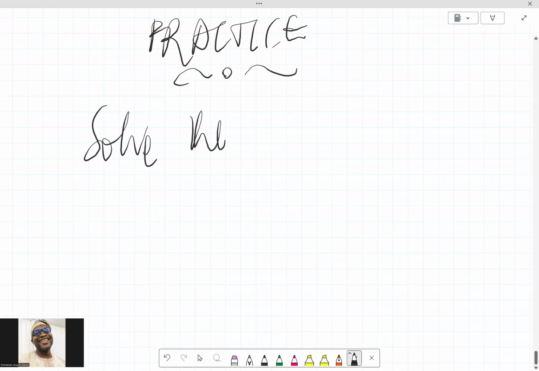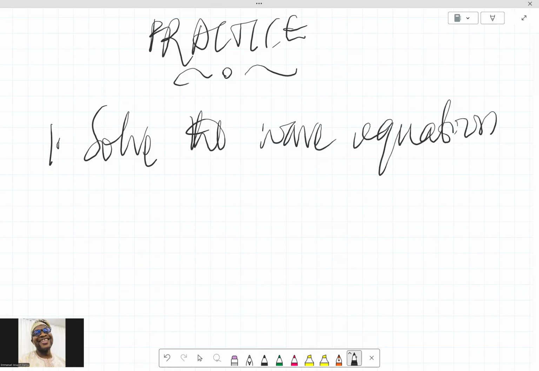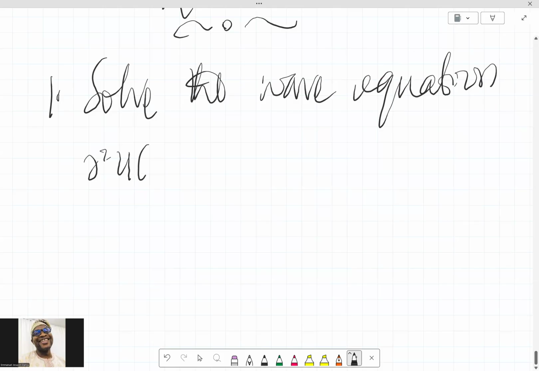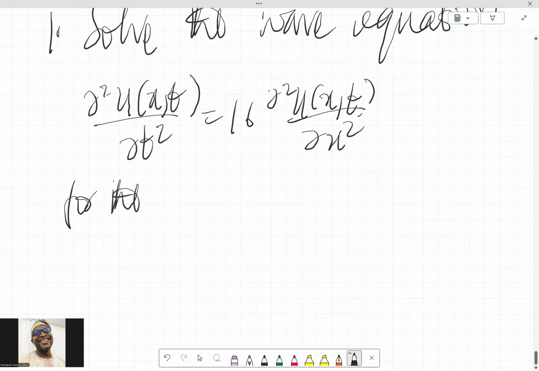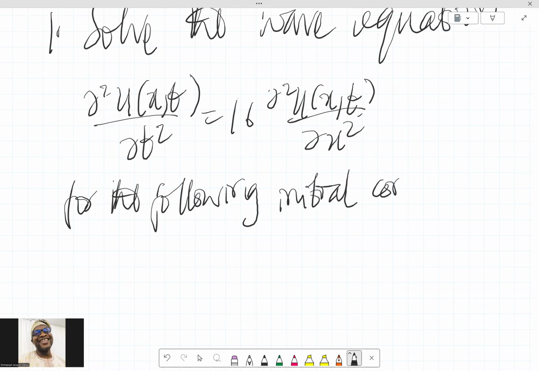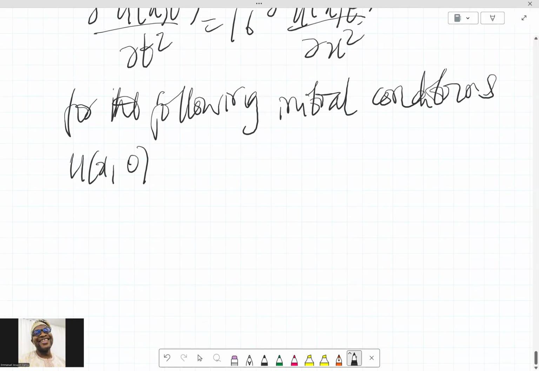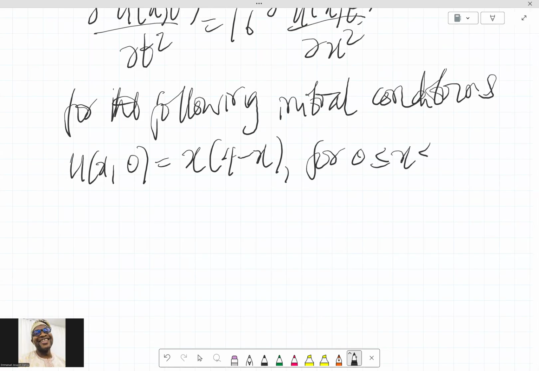Solve the wave equation, partial squared u of x comma t partial t squared equals 16 partial squared u of x comma t partial x squared, so now c squared is 16, for the following initial conditions. u of x comma 0 equals x times 4 minus x for 0 less than or equal to x less than or equal to 4.